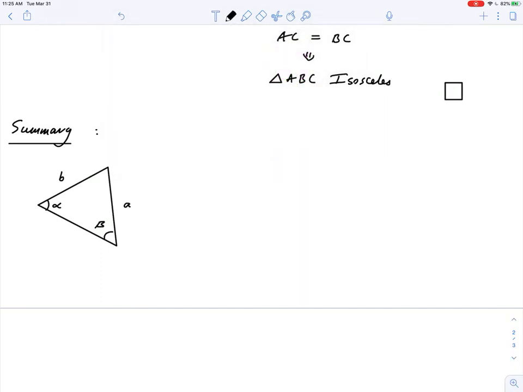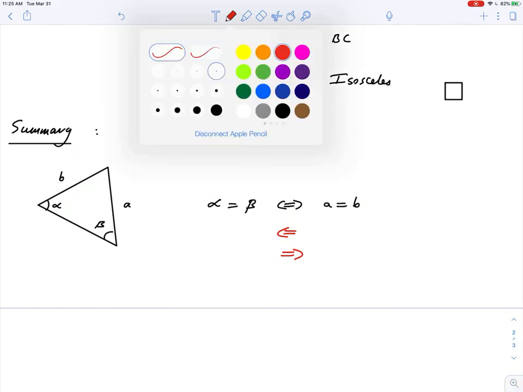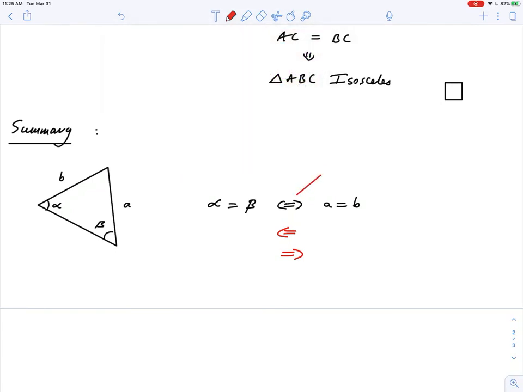Well, then alpha equals beta if and only if A equals B. That's what we've shown. The first theorem is showing it in this direction. Right, it's showing if the thing is isosceles and the base angles have to be the same. The second criterion we've shown is showing it in this direction. And this symbol is kind of if and only if. They are completely identical logically.